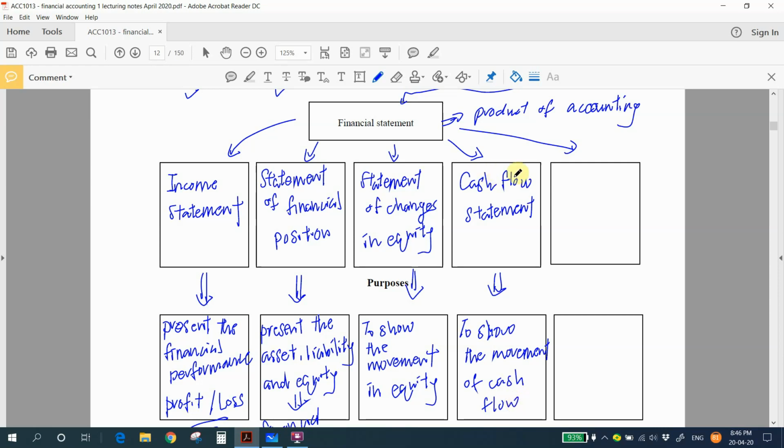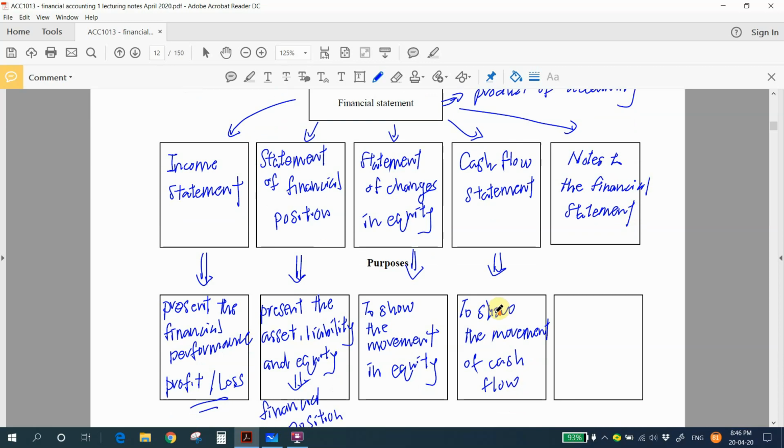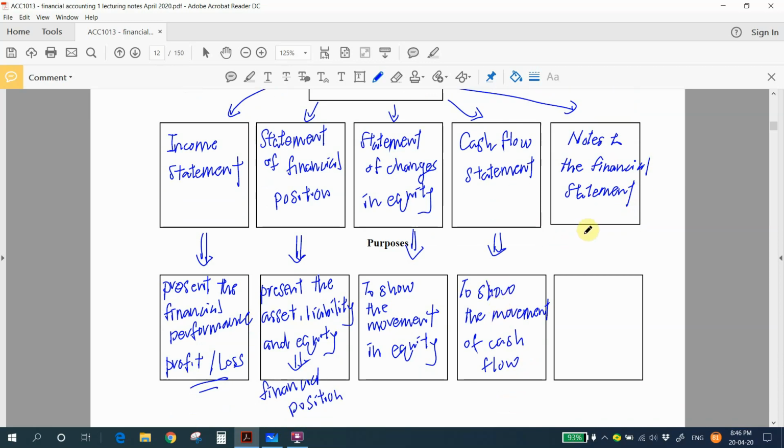And lastly, we have notes to the financial statement. And from the notes to the financial statement, this provides additional information for the user.